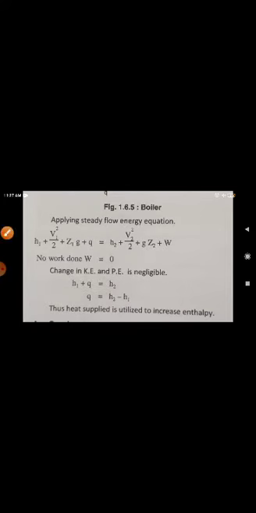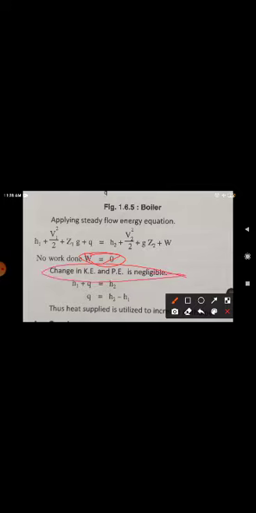The boiler is just converting energy, it is not producing any work, so work is considered to be 0. The change in kinetic energy and potential energy is not to be considered in the boiler. Therefore kinetic energy and potential energy get cancelled, work is 0, and the equation remains only Q is equal to H2 minus H1.